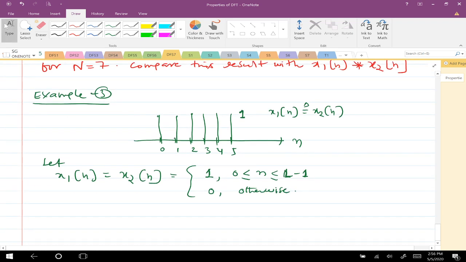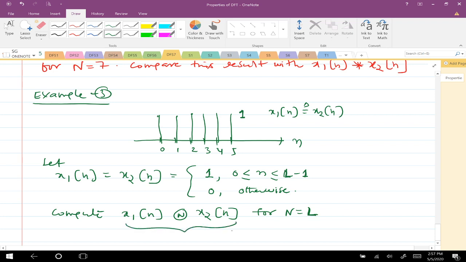Now what I want you to do is compute the N-point DFT of x1 of n with x2 of n, for N equal to L. Let's call this whole thing x3 of n.